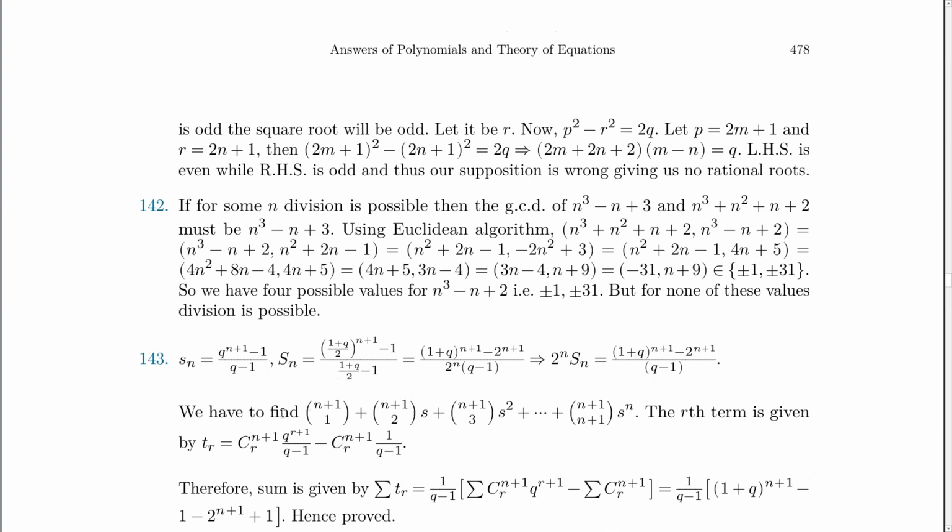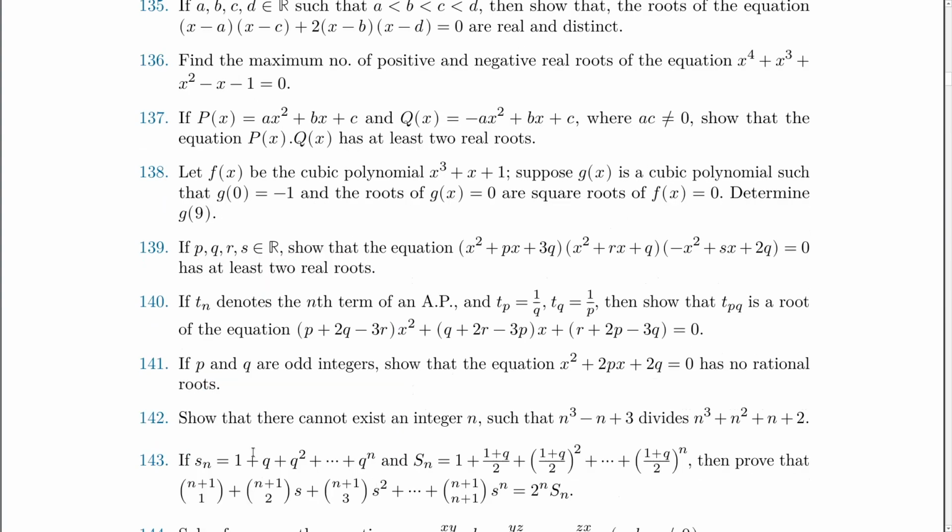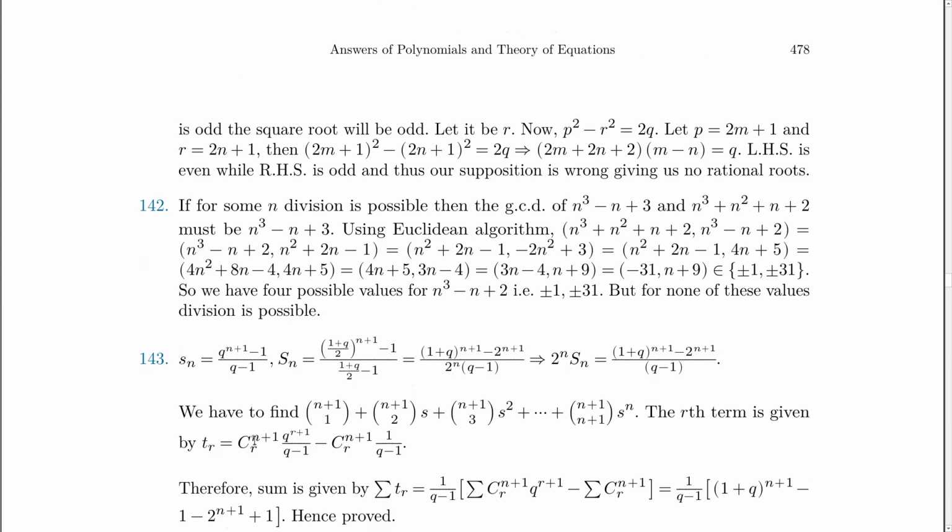Now, the general term of the left hand side of this expression is C(n+1, r) q^(r+1)/(q-1) minus C(n+1, r) times 1/(q-1), that is this term.